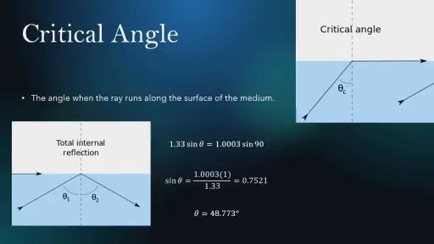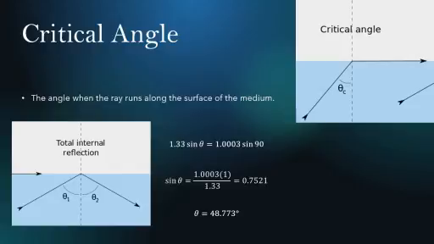So if you shot an angle at exactly 48.773 degrees, light will bounce in onto that change, and then it will run parallel with the changing of the mediums. Now, it's very hard to do that by hand, but you can.